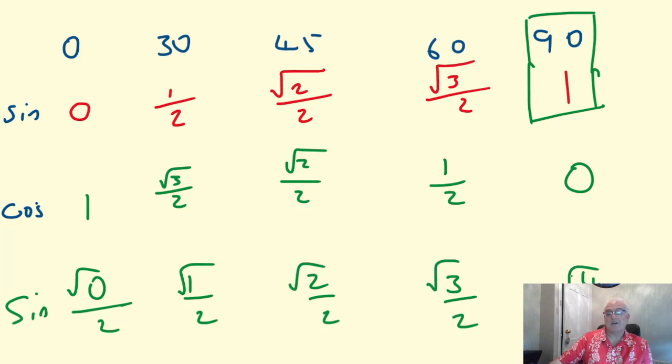You can see the difference between what I start with and what I end with. The square root of 0 is 0, and 0 divided by 2 is just 0.